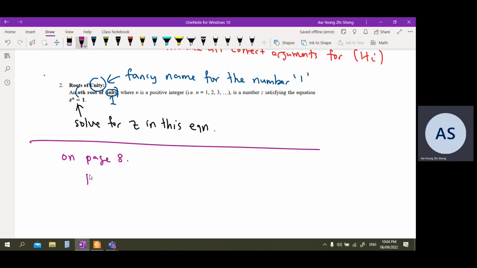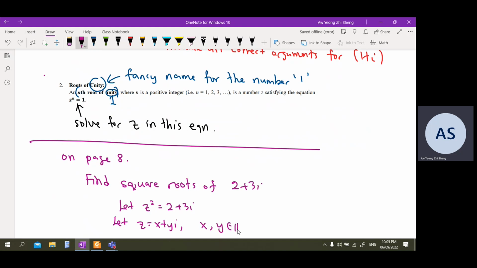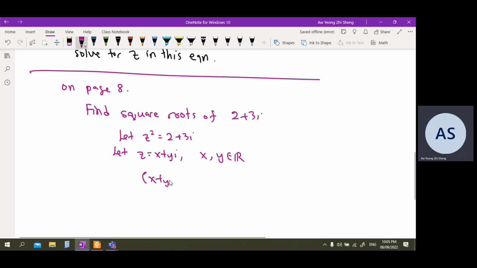For example, if we are asked to find square roots of the complex number 2 plus 3i, we let z squared equals 2 plus 3i, and we let z equals x plus yi, where x and y are real numbers. Then you have (x plus yi) squared equals 2 plus 3i, and you proceed to solve by comparing real parts and imaginary parts. So when solving square roots, it is feasible to do it in Cartesian form.